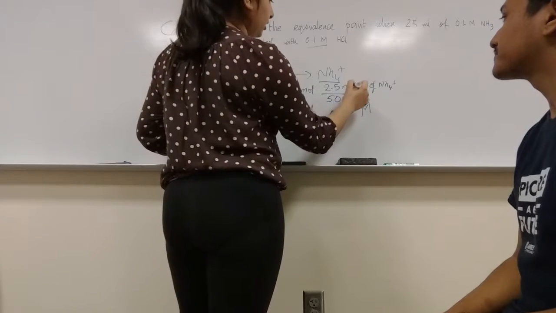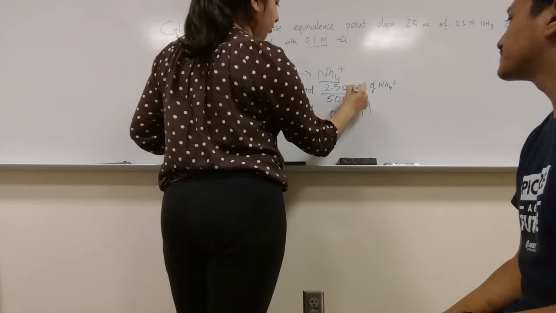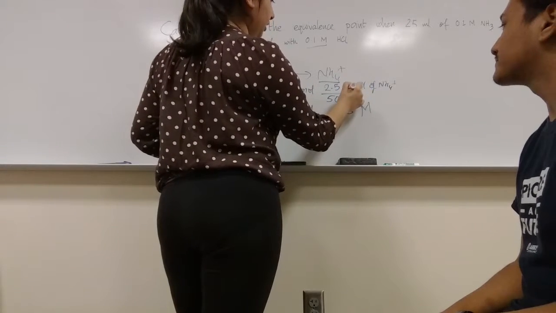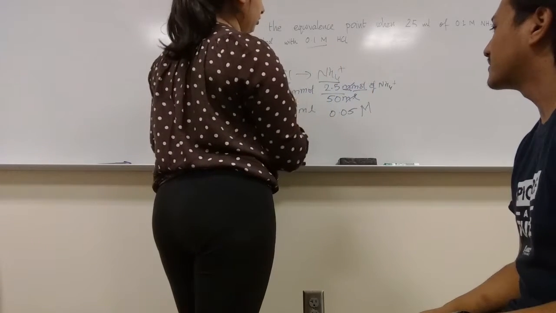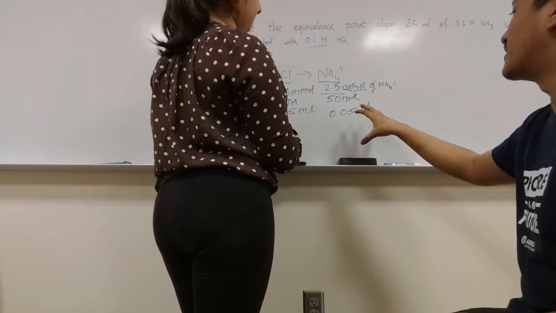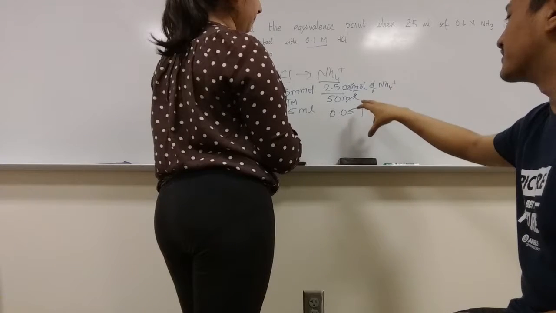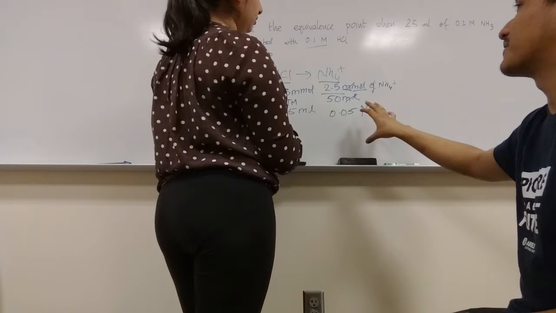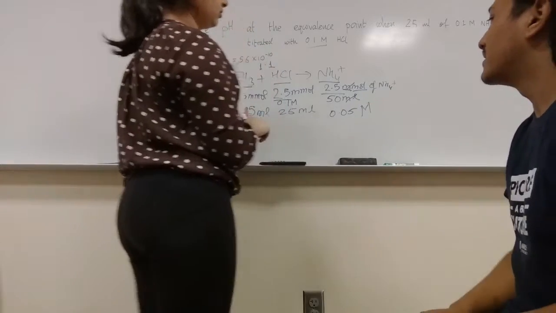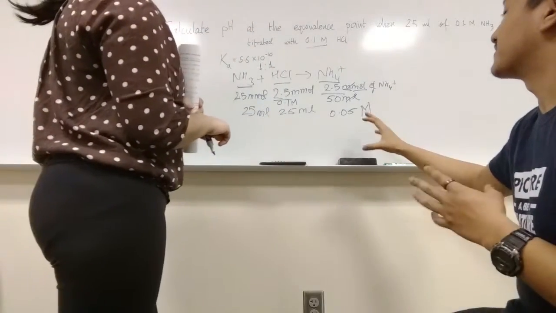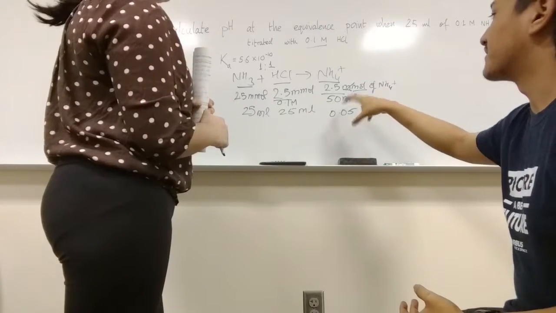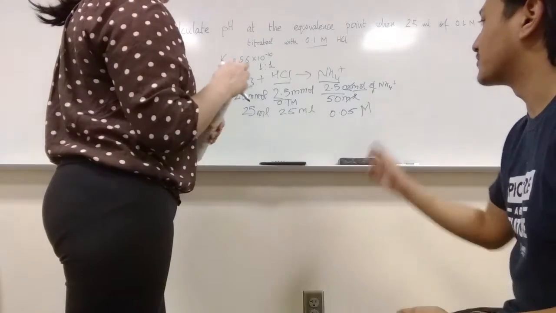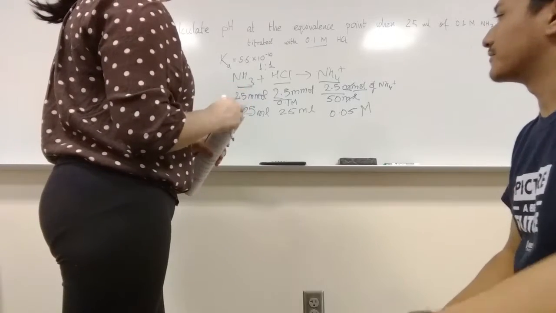Wouldn't that be millimolar? So I would cancel the milliliters, and that would leave moles per liter. Yes, you did the math with a really shortcut method. I think it's a really useful tool to cancel out the milliliters. That is a really good method.